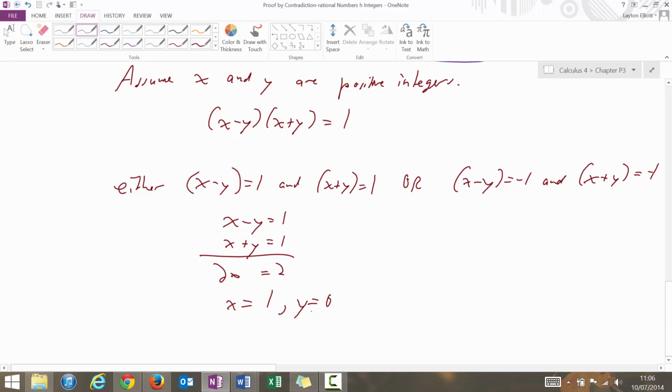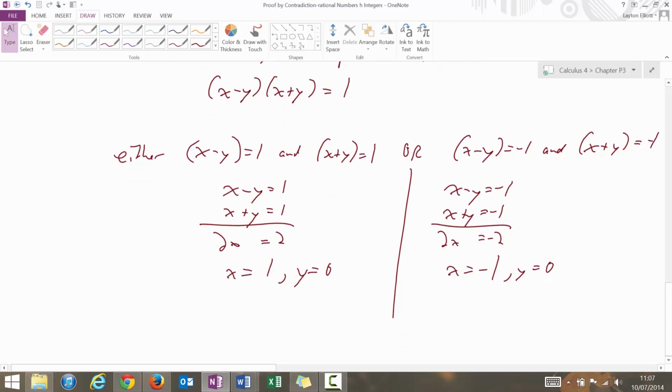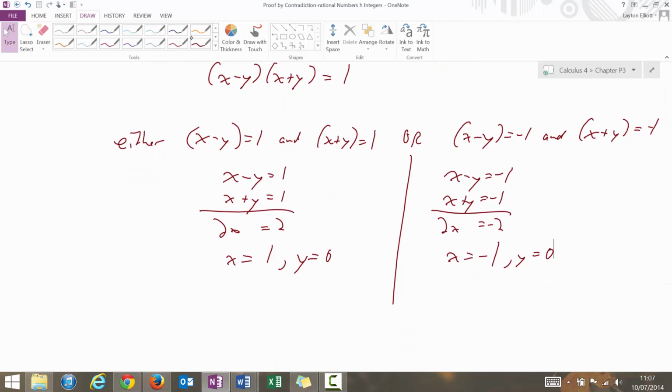Well, that won't work because x and y are both positive integers. Let's look at the other side. X minus y equals negative 1, x plus y equals negative 1. Add them. 2x is equal to negative 2, x is equal to negative 1, and y is equal to 0. Well, that's a double contradiction because neither of them are positive integers. So since we have two cases in either or, and neither of those can be true, then we can say contradiction.